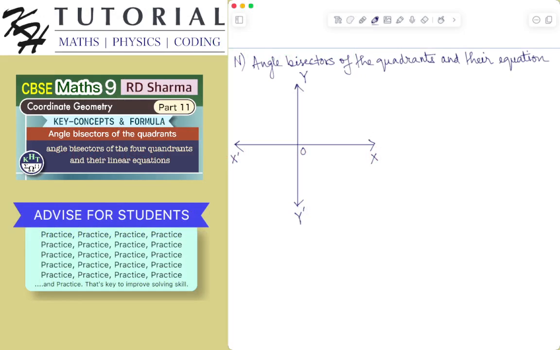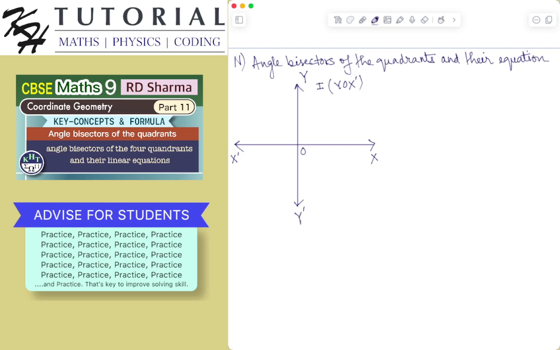Okay, so we have the Cartesian coordinates, y-axis and x-axis, and we know the four quadrants. This is the first quadrant, which is denoted by Y O X, where O is the origin, Y O Y dash is the y-axis, X dash O X is the x-axis, and they are intersecting at right angles at the point O, which is known as the origin.